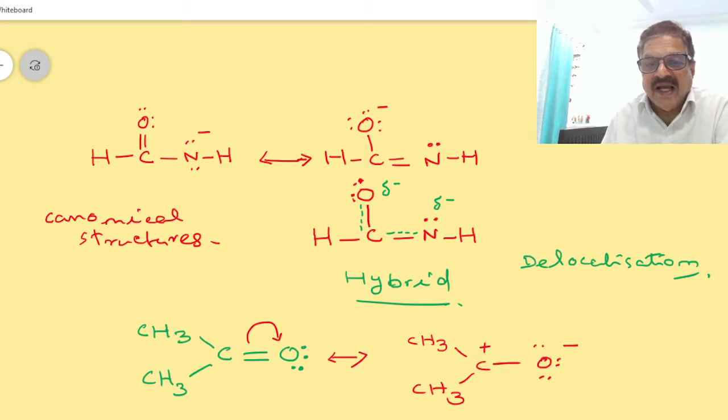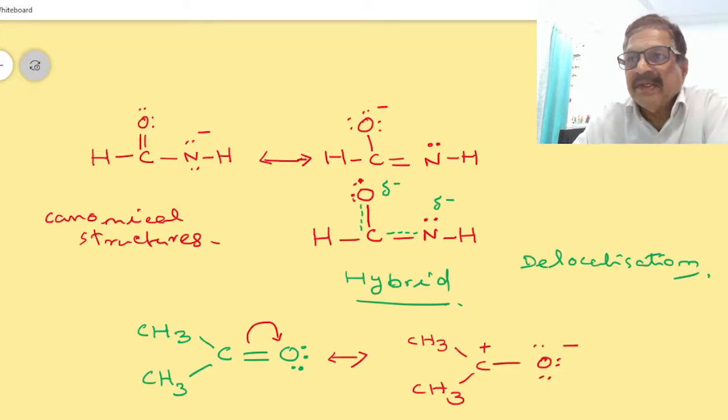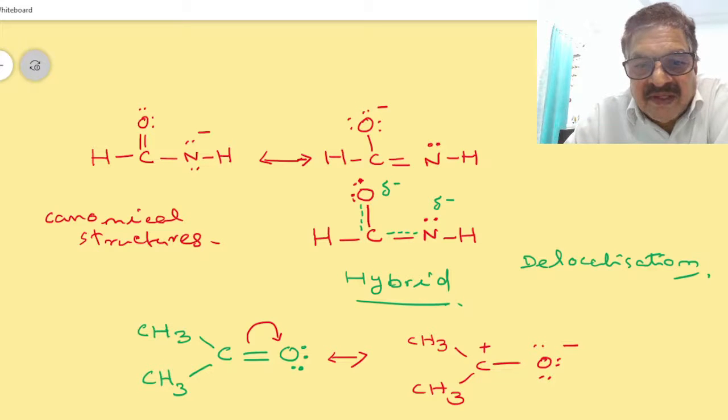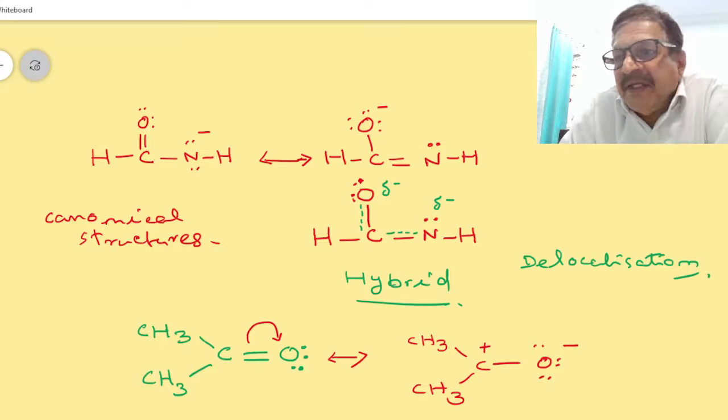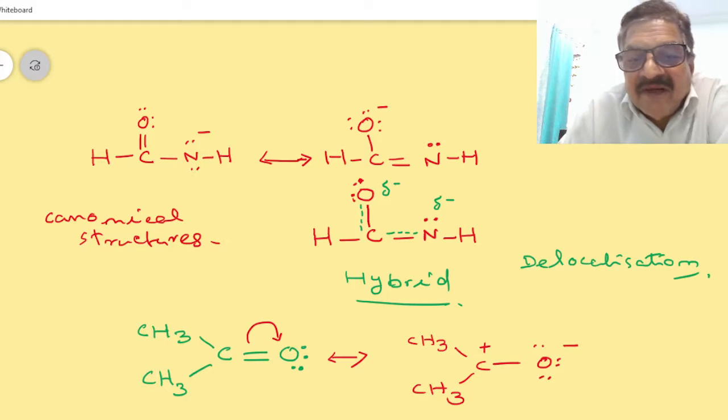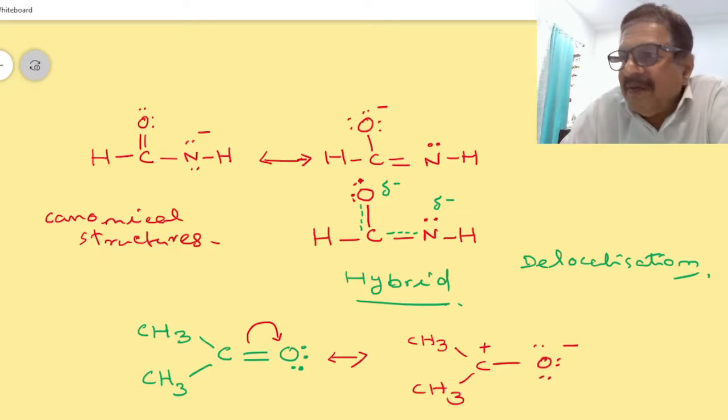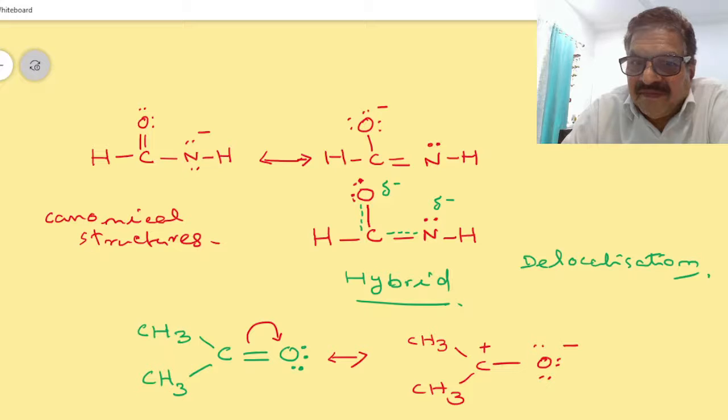Now as per rule 1 of the resonance hybrid rules, there is nothing called resonance hybrid rules as such, because for drawing this resonance hybrid there are certain norms. The structure with more bonds and fewer charges will be a more stable structure. Correct?